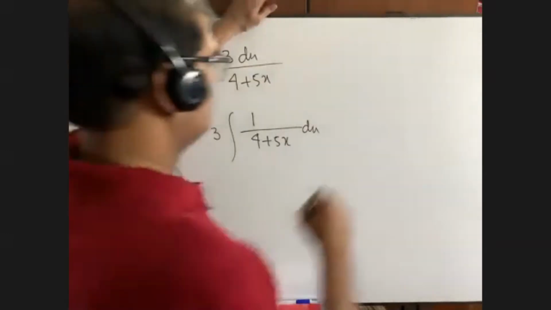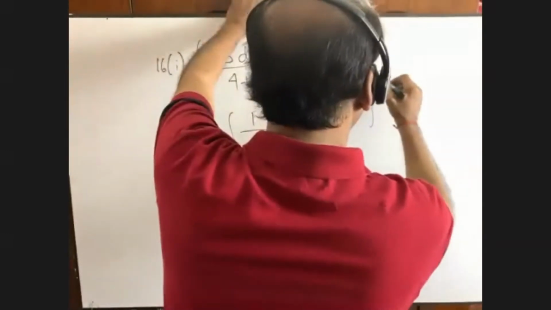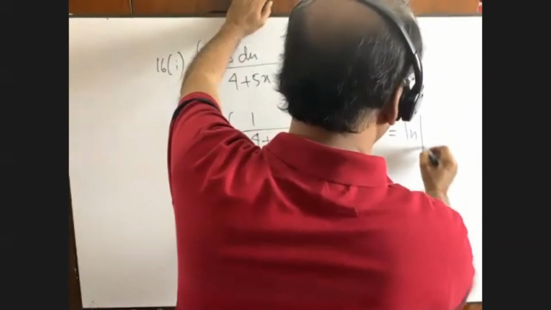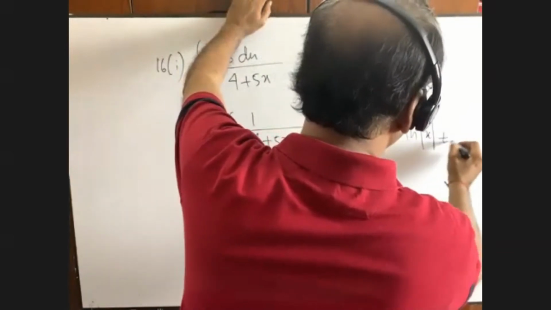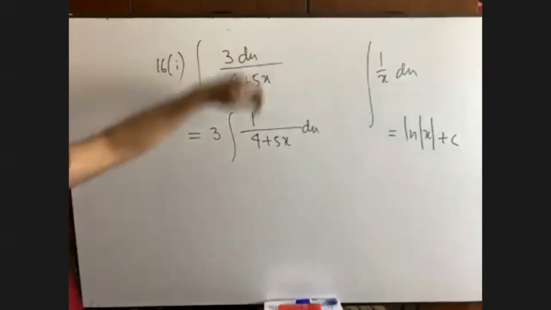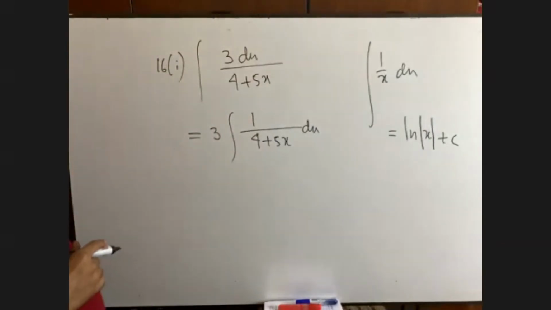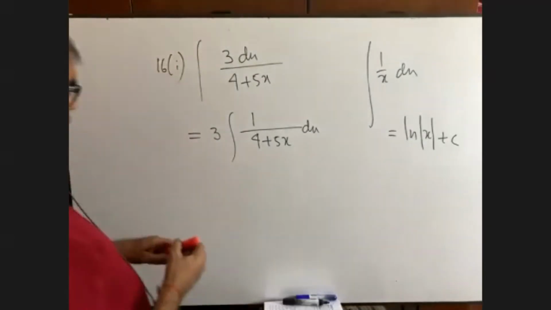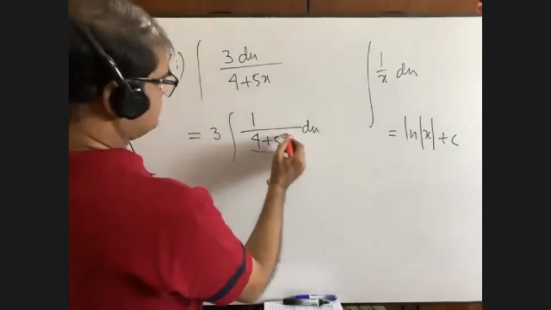Can you please let me know what is 1 by x dx? Let me know. Ln x plus c. Am I right? Is it? Now you consider this as x.